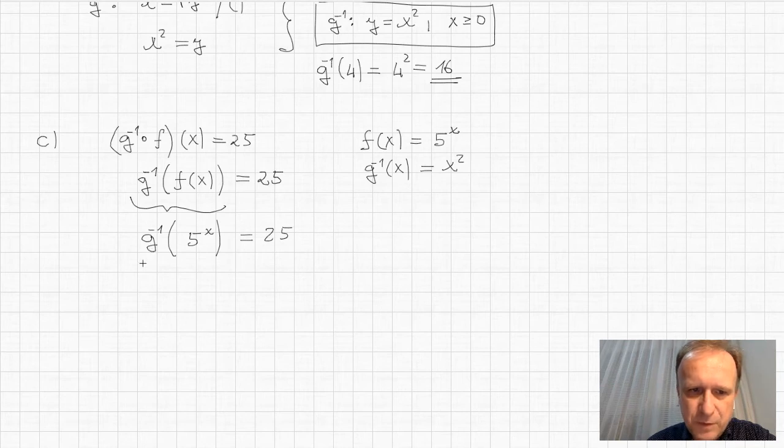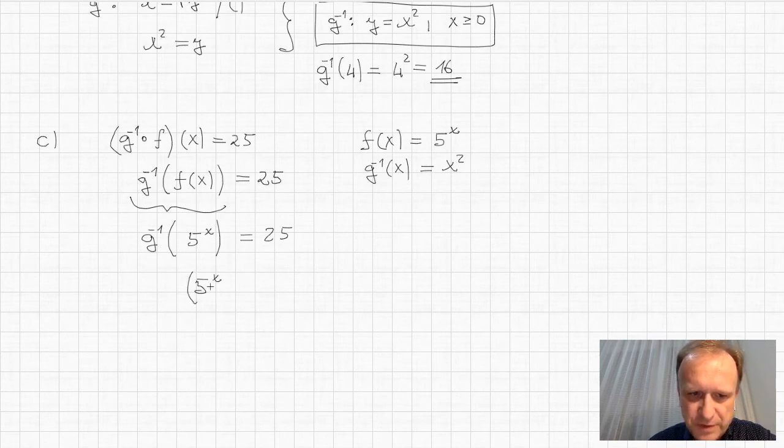Now, if I want to evaluate g inverse of 5 to the power of x, I use the formula for g inverse, and instead of x, I write 5 to the power of x. So therefore, what I get is x squared, but my x is 5 to the power of x.